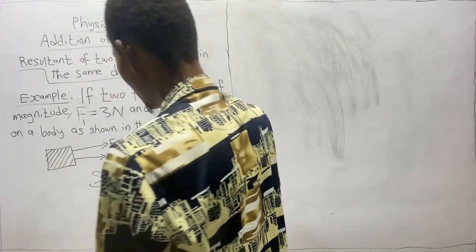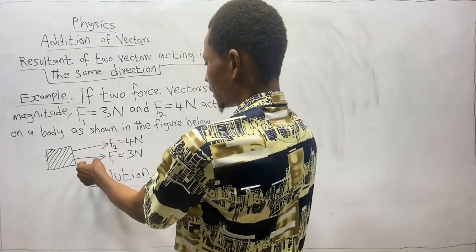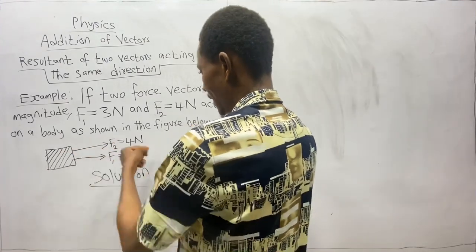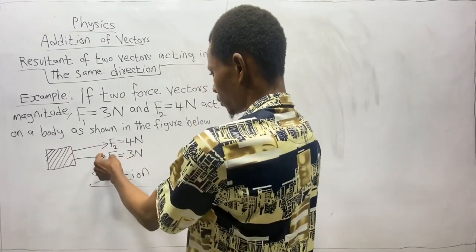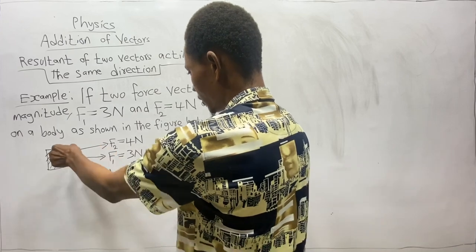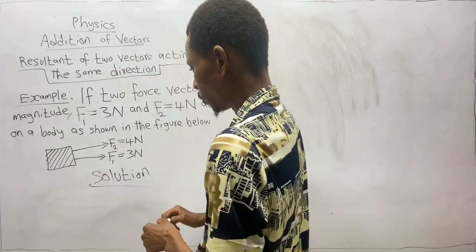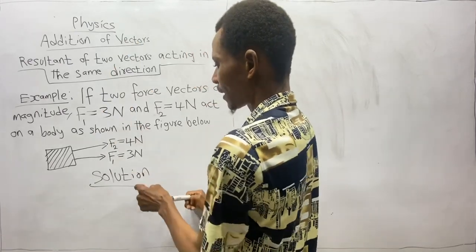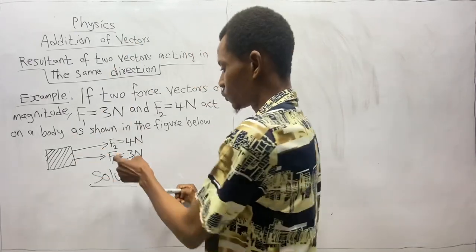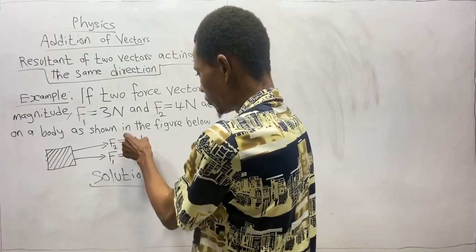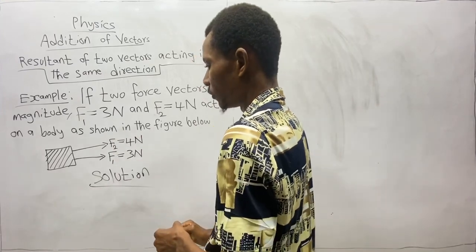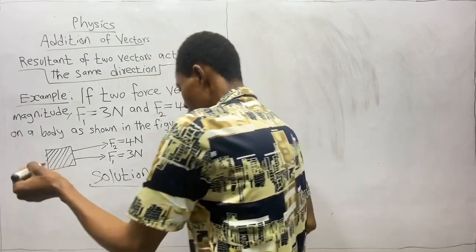So let's see how we get the resultant of these two forces that are acting in the same direction. As you can see, they are acting in this direction. This arrow, they are moving in the same direction. So how do we get the resultant? That singular vector that will have the same effects in magnitude and direction as these two forces acting on a body. So look up.